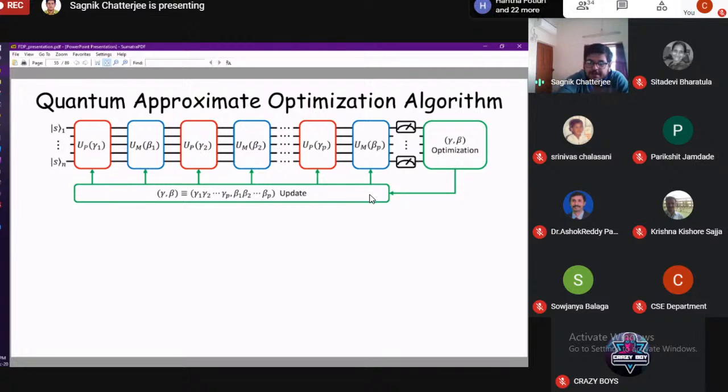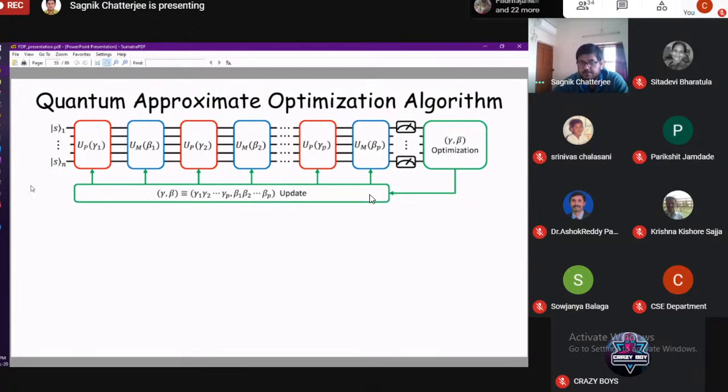After applying these P layers of the red and blue boxes, we measure and then we optimize the parameters. The gamma and beta are the parameters to our algorithm. We have rotation gates inside, and the rotation gates rotate by the angle gamma or beta, which is classically optimized, and then we update it again.